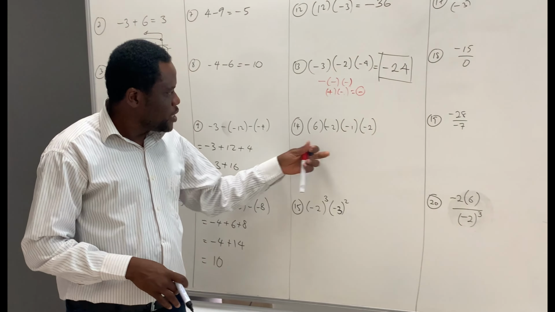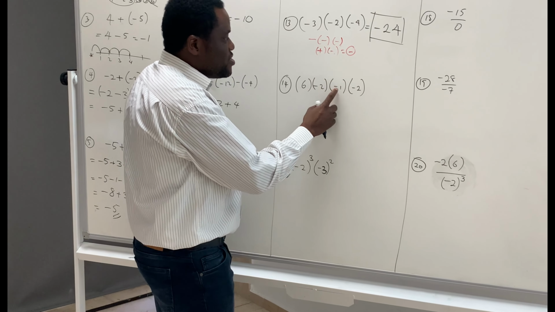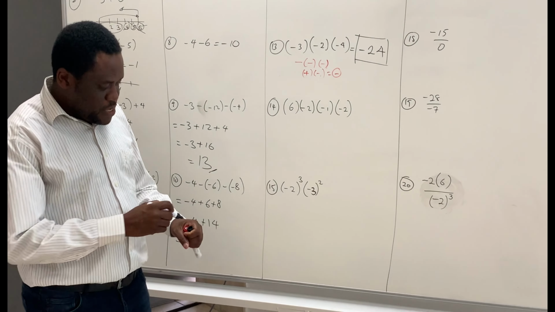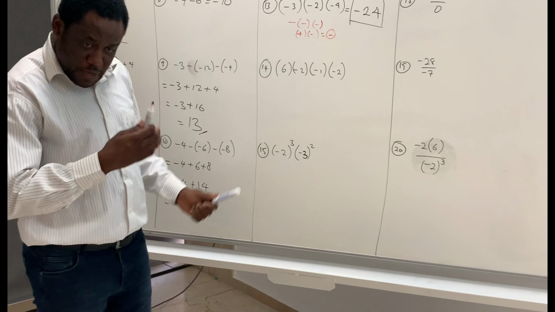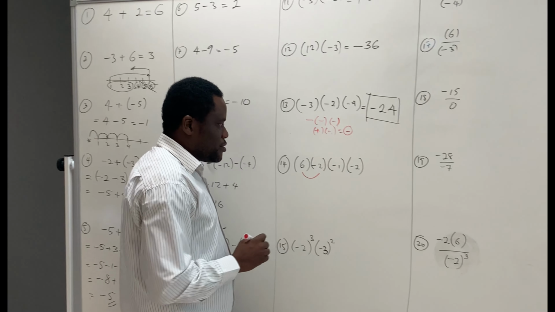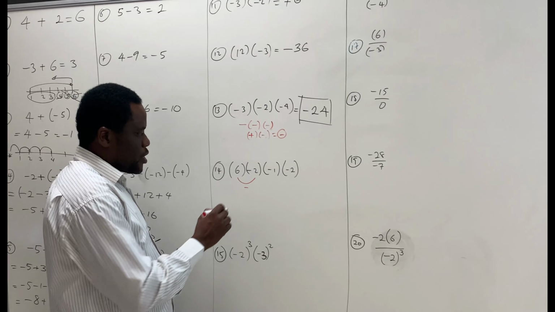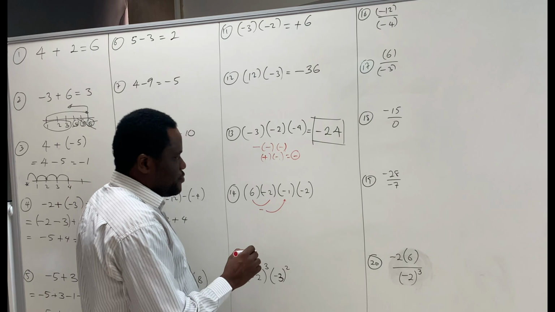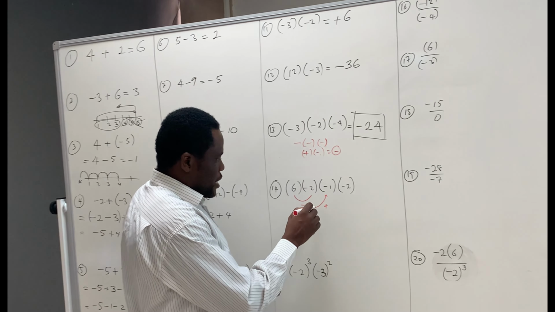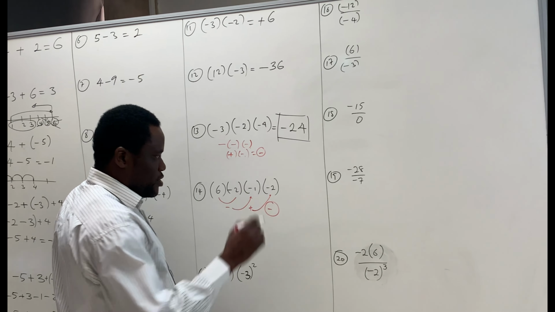Okay? The next. Now we have positive, negative, negative, negative. Meaning, you have to do it step by step. This and this is what? Negative. Now this negative is what? Positive. And now this positive, this negative is what? Negative. So what we have here now is what?